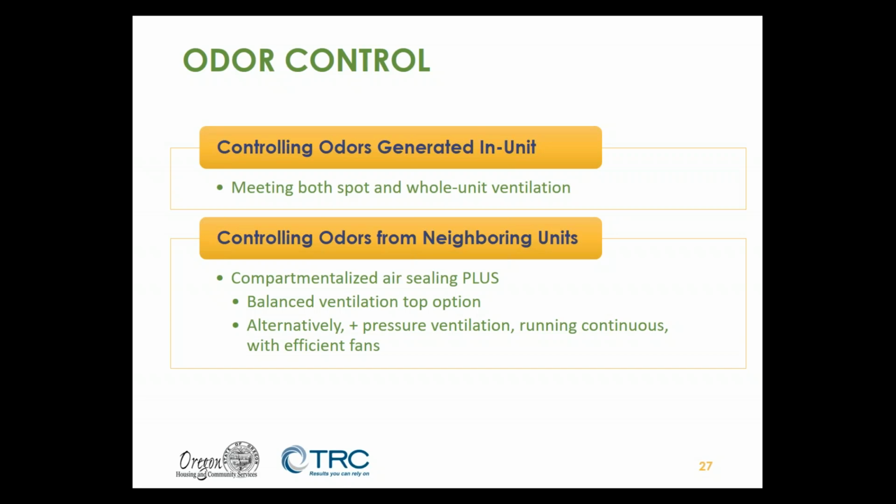Positive pressure being that I am supplying air into my dwelling unit, not that I'm evacuating air from it with an exhaust only. And a positive pressure running continuously, if you keep your unit positively pressured, that means it's less likely that a neighboring odor or smoke can sneak into your dwelling unit.